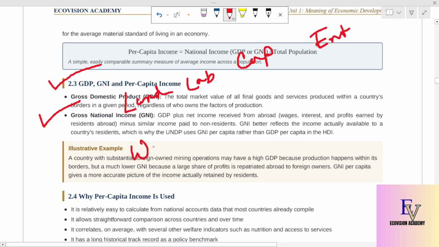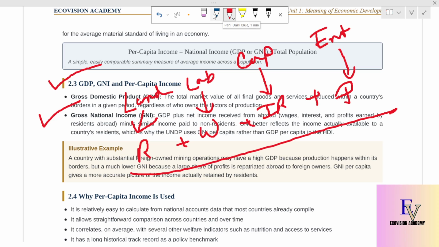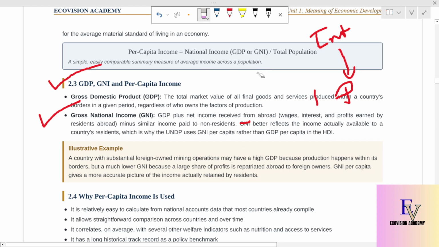For land we get rent, for labor we get wage, for capital we get interest, and finally for the entrepreneur we get profit. If we add them up, we get the total gross national income of the country, which we call the income method, and we can say whether there is development, or no development, or the country is underdeveloped.